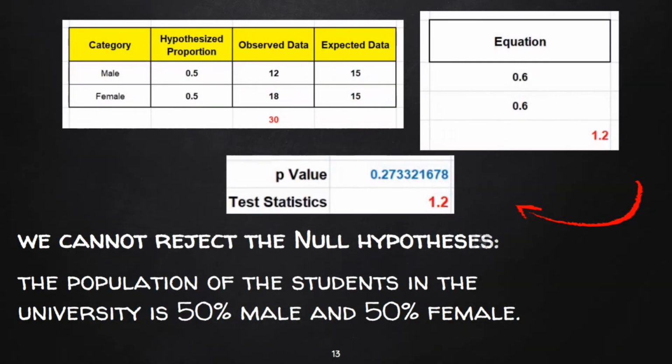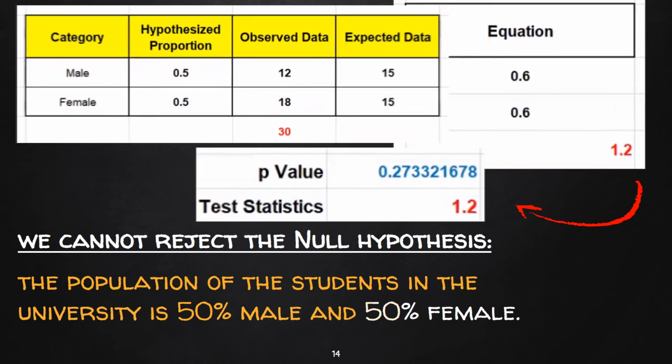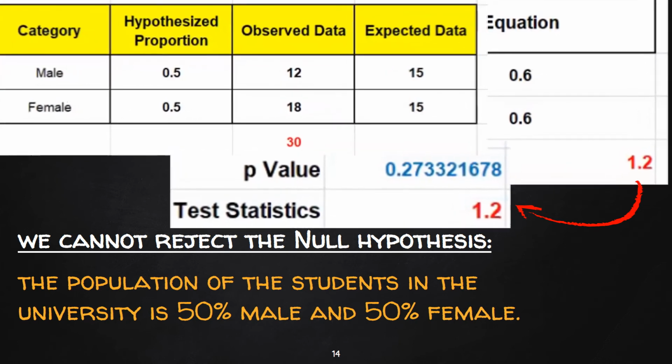So in our example experiment, we had 12 males and 18 females as our evidence, with a 1.2 chi-squared value. Therefore, we cannot reject the null hypothesis that the population of the students in the university is 50% male and 50% female.